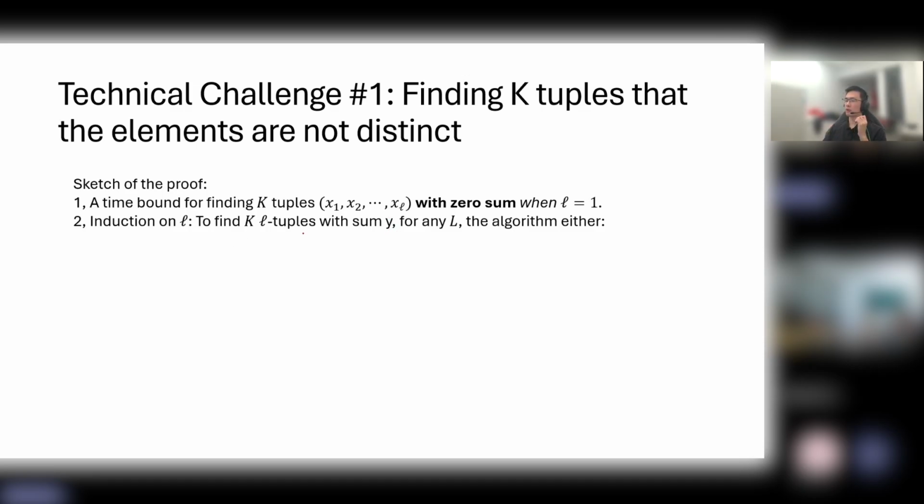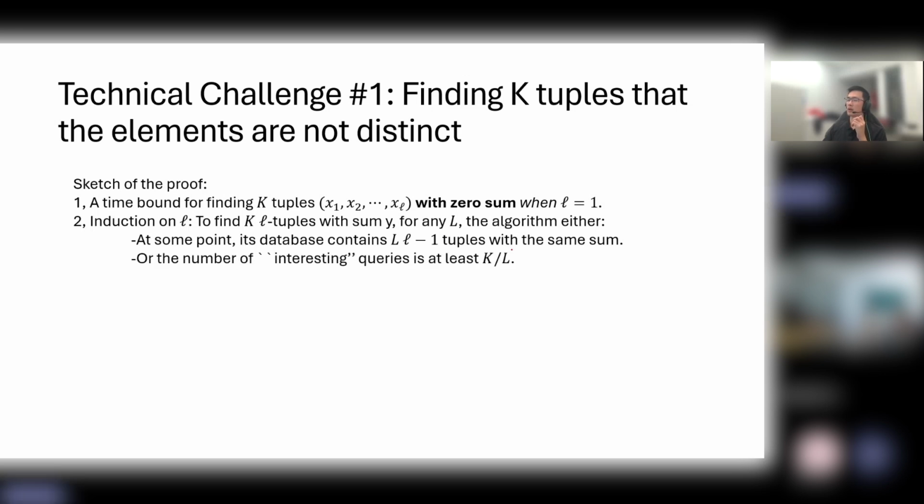For any y, if you want to find k L-tuples with some y, then this algorithm either, at some point, must contain at least capital L smaller tuples with the same sum, or the number of interesting queries is at least k divided by L. An interesting query means that after this query, the number of L-tuples of some y increases.